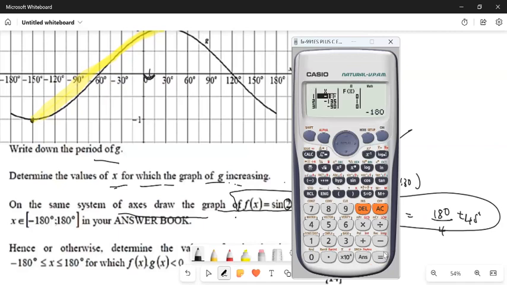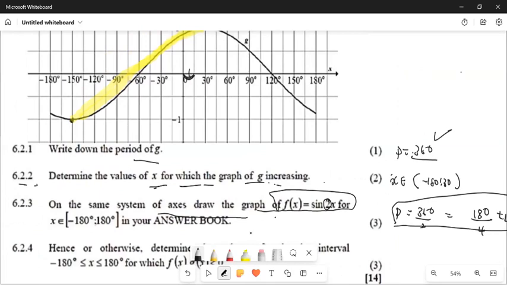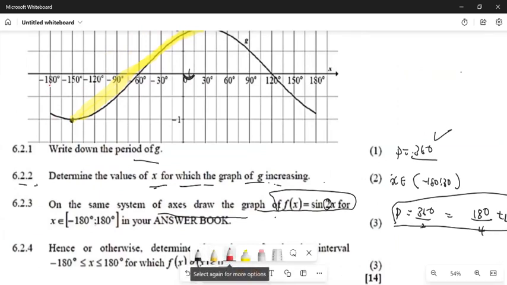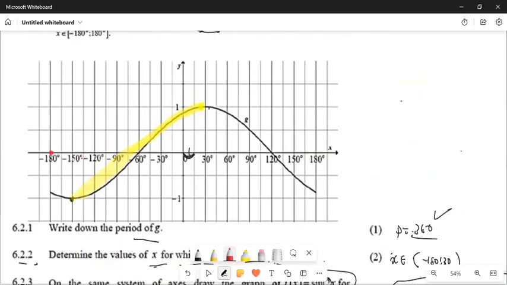So here you have minus 180 with 0. They give me the values. So it's minus 180, and 180 goes with 0. And then we have minus 135 goes with positive 1. This is minus 135. It goes with 1. And then we have minus 90, it goes with 0.